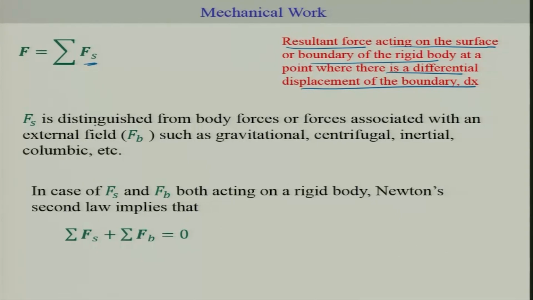Fs is distinguished from the body forces, or forces associated with an external field, such as gravitational, centrifugal, inertial, coulombic, etc. For such forces we will write them separately. If Fb, the body forces, are there, then we add them up, or make use of Newton's second law and add all the forces acting on the rigid body. So, this is what we know.